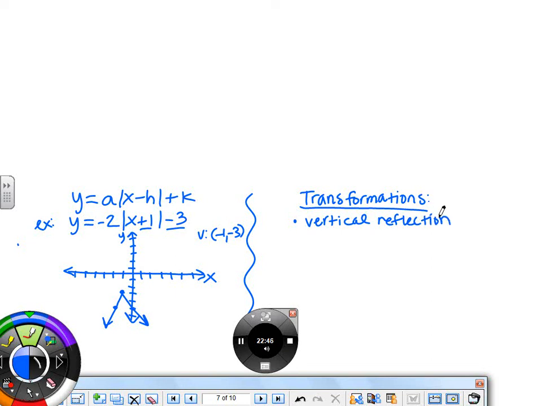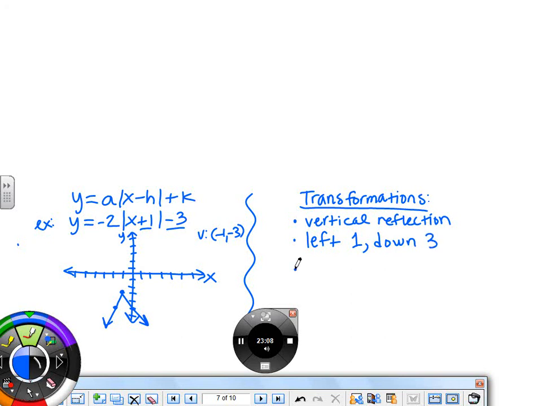All right, what's another transformation that took place? Yes? Okay. Be a little more specific. We did have a translation. Okay, so we moved to the left 1 and down 3 for our translation.